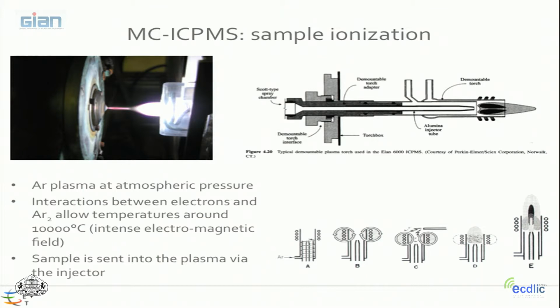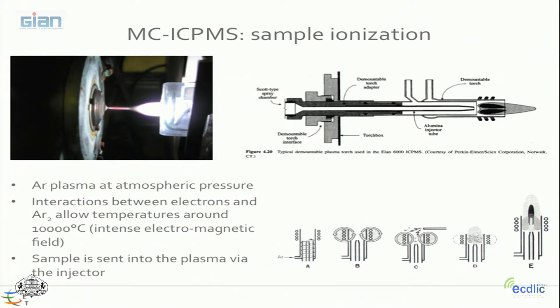And so the injector, here you have your spray chamber. The injector is bringing the very tiny droplets right into the heart of the flame, okay? And how you are creating this plasma flame is with a very intense electromagnetic field.